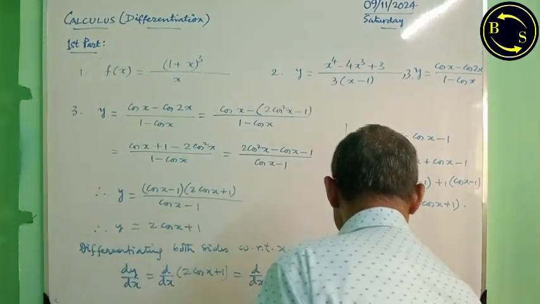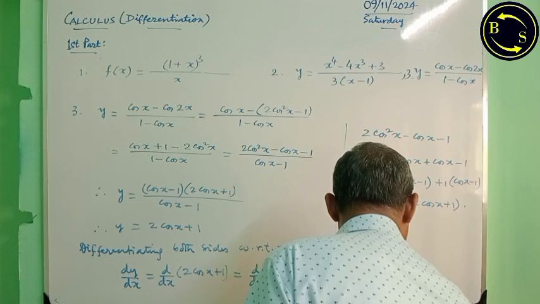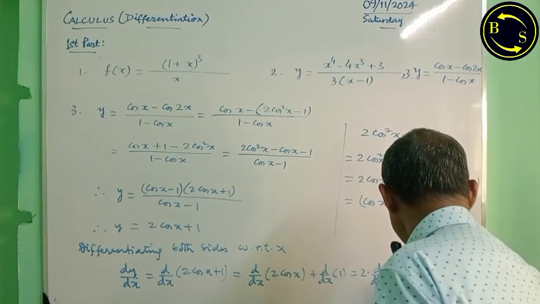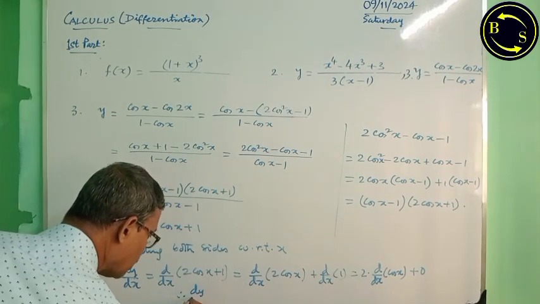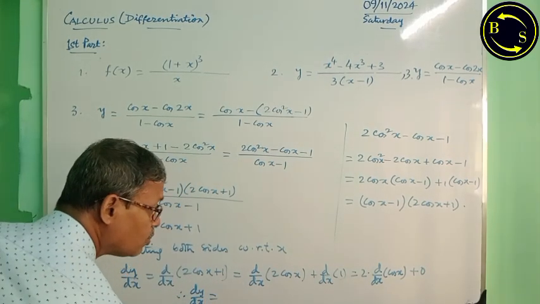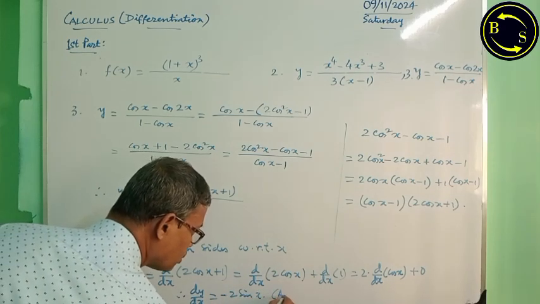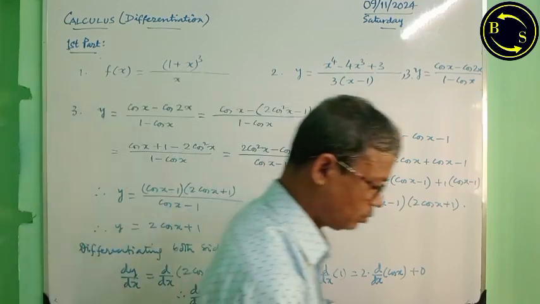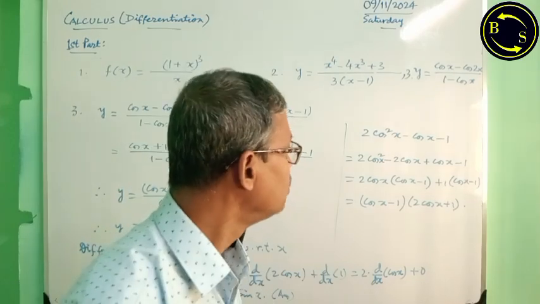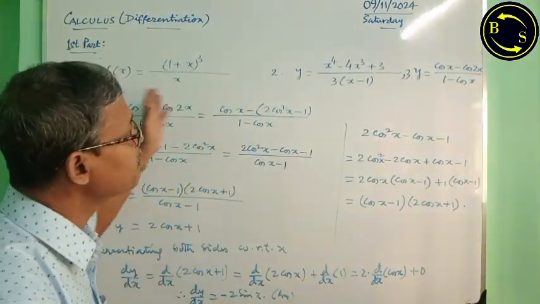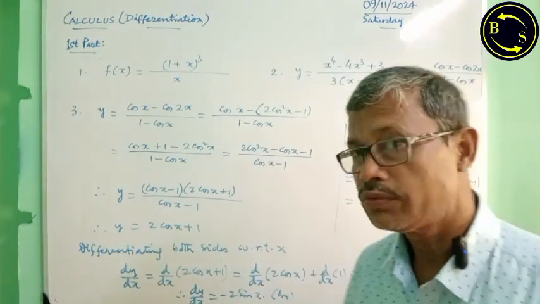Now 2 is constant, therefore 2 into d dx cos x, 1 is constant, therefore derivative is 0. Therefore dy dx is equal to minus 2 sin x. This is the answer. Now applying fundamental theorems, I have found the derivatives of these three functions. In the later part, I shall work out few more sums.